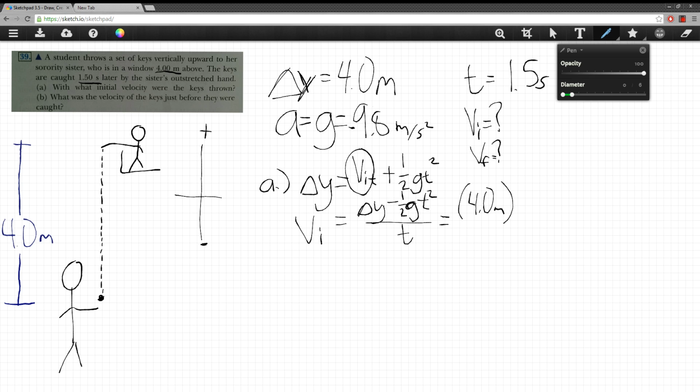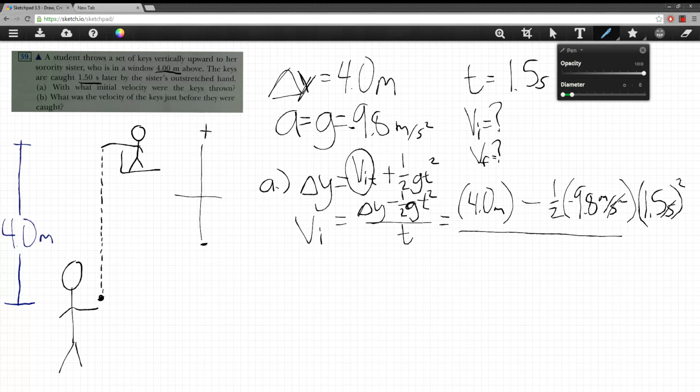So 4.0 meters minus 1/2, negative 9.8 meters per second squared times 1.5 seconds squared. And since you're squaring the units as well as this number, the seconds squared will cancel out, and you'll be left with meters on top.